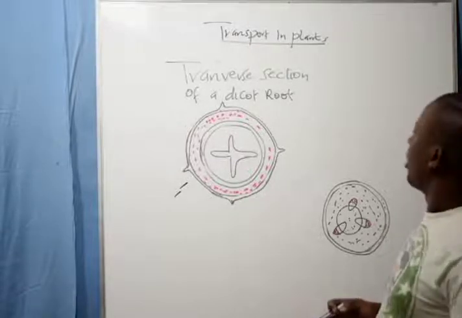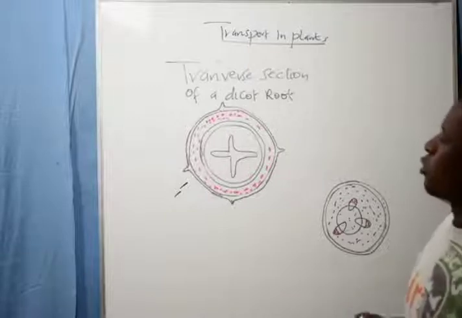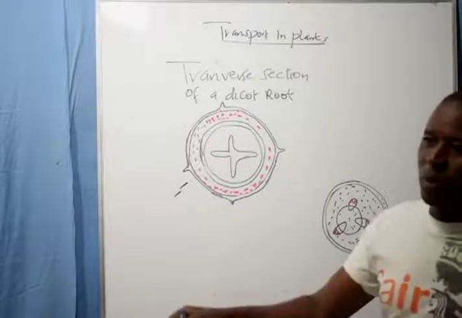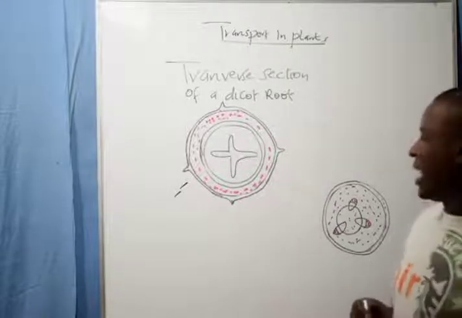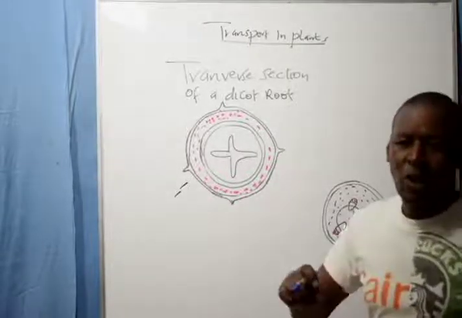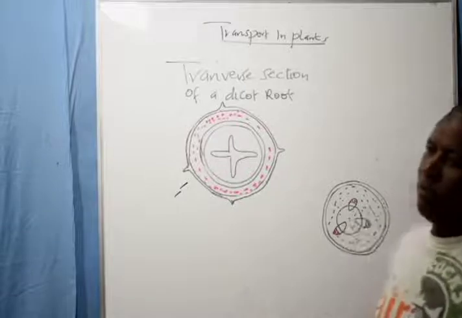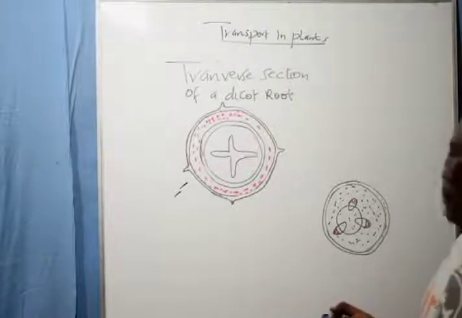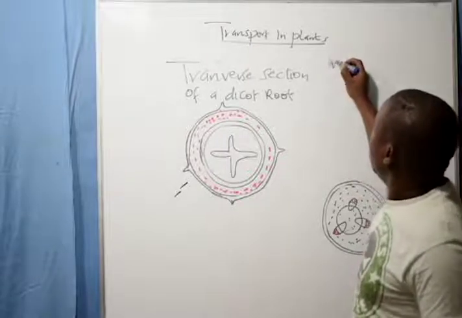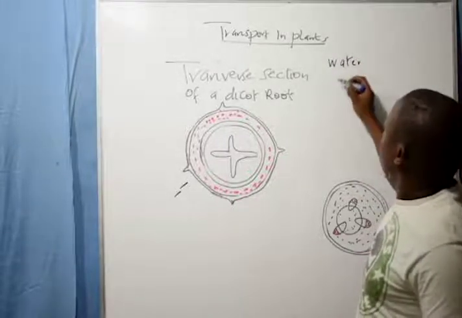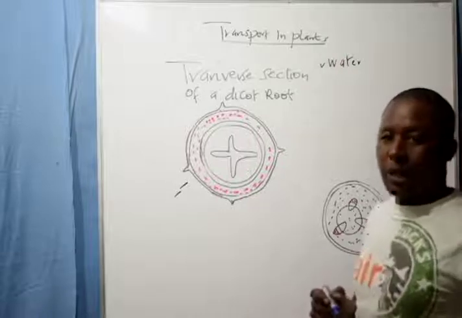Therefore, for these things to move from the source point to where they're required, they have to have a means of transporting them. And the main things that are transported in a plant is water.